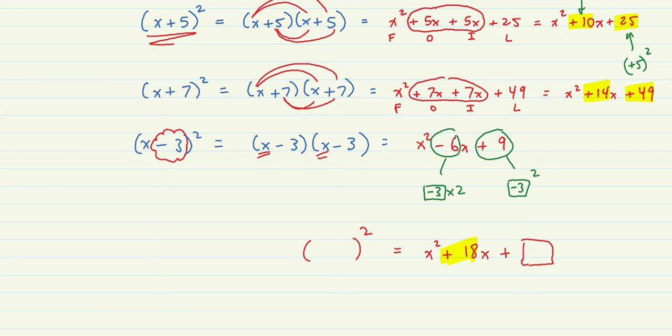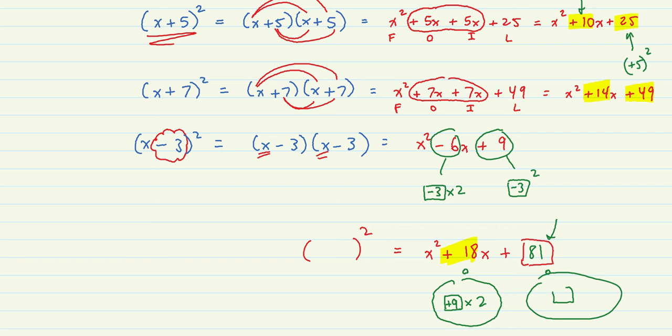Clearly that is the double of positive 9, 9 times 2. So then this n number would have to be the square of that number. In other words, it's got to be 81, because this is the square of that 9 number. And we also know that when it's written as a binomial squared, it's x plus 9. There's that number again.